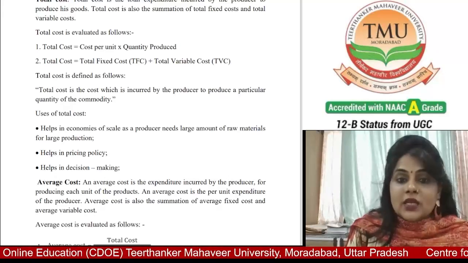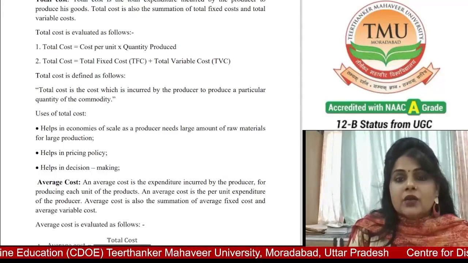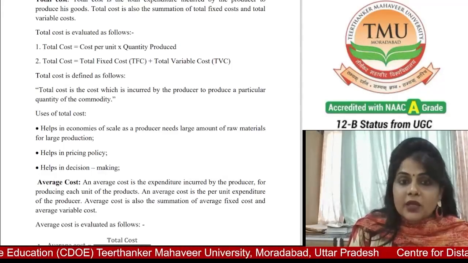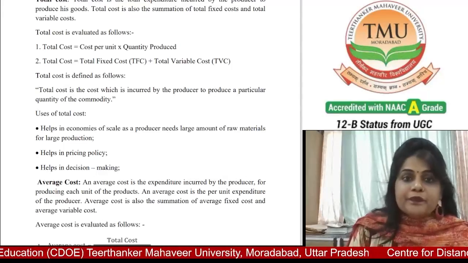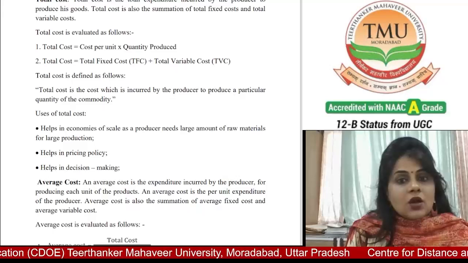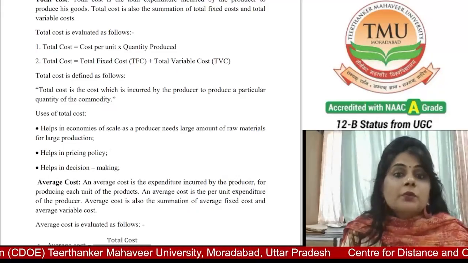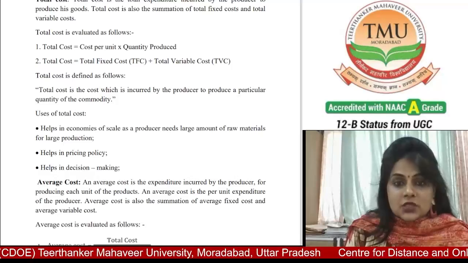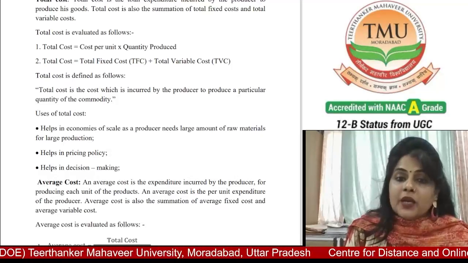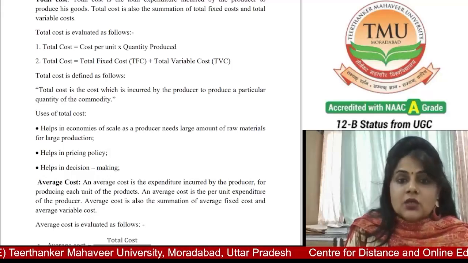For example, the lease for a building or the rent for an apartment, interest, etc. And variable cost is the cost that increases and decreases based on the number of goods produced by a company or the service requirements of the customer.